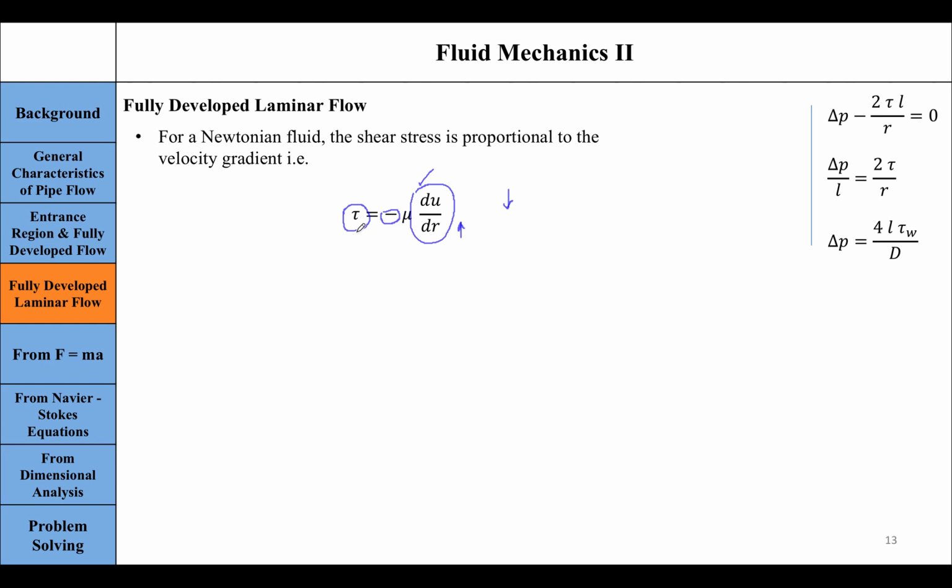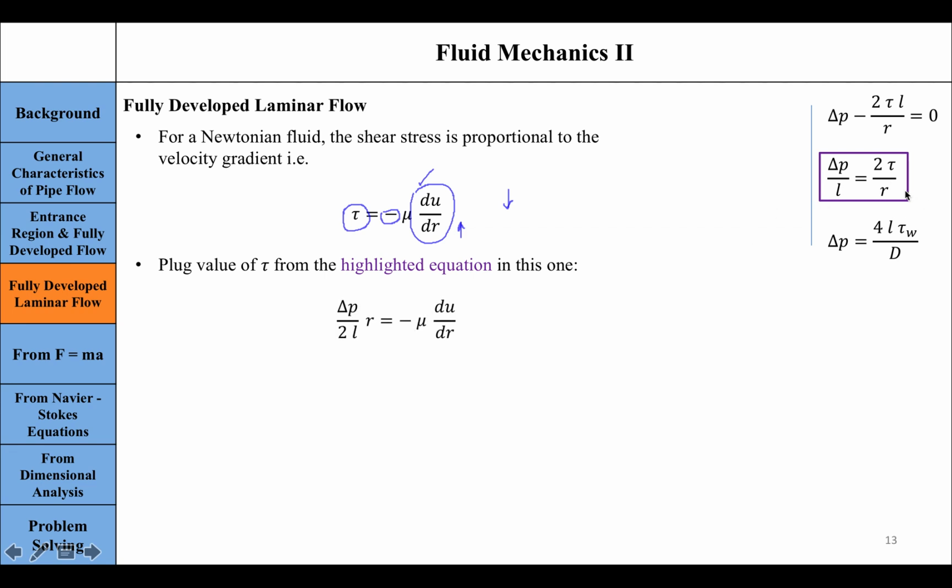So we plug in the value of tau from the highlighted equation into this one. Just take the 2 onto the other side, r onto the other side, and this is what we get. Just plug in the value of tau here.